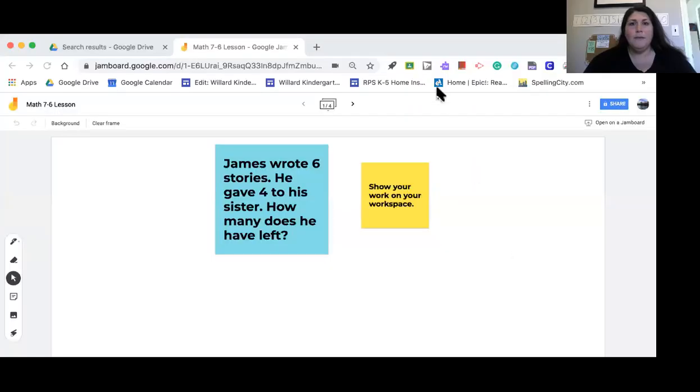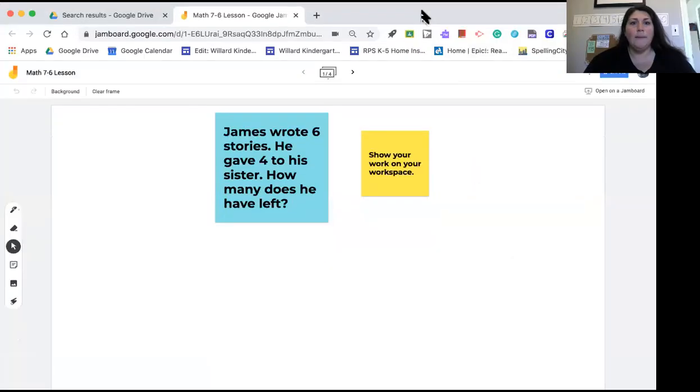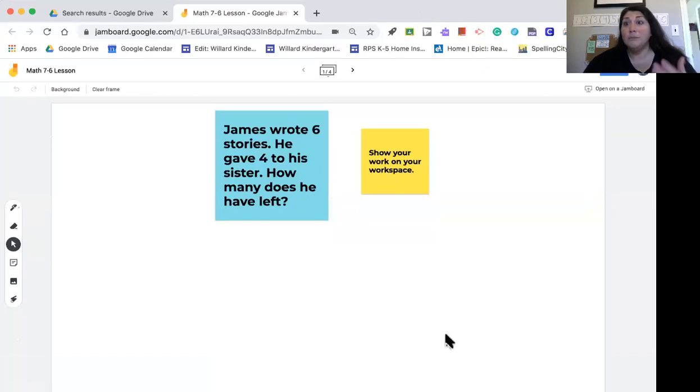I'm going to share my screen with you because we are going to continue talking about subtraction. Now, here's our first problem. This is something I want you to work out on your own after I read it to you, and then you'll start and watch me do the same thing. So James wrote 6 stories.